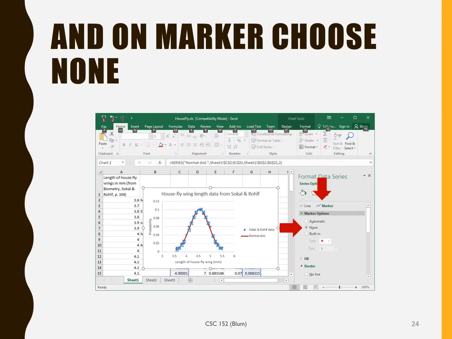Also, to note that it's a mathematical function, I want to take away the individual markers for the points, so I move over to formatting the marker, and I'm going to choose no marker, so no big dots, just this solid red line.